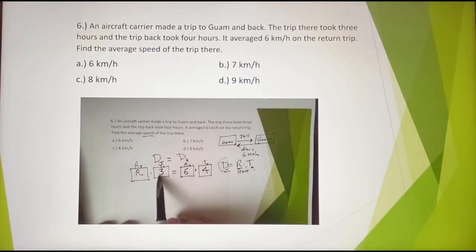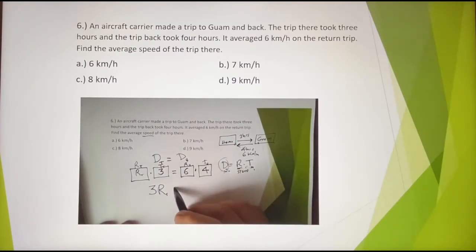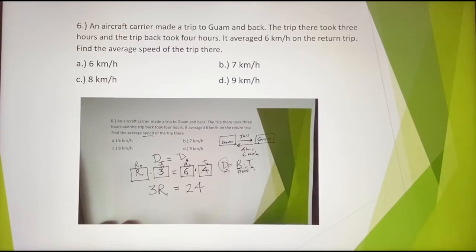Whatever you're solving for is going to give you your answer. So I'm going to multiply this out. 3 times R is going to be 3R, and I can use the little subscript t just so I can remember that what we're dealing with is the rate there, is equal to 6 times 4, of course, which is 24. I want to get the R sub t by itself, so I'm going to divide both sides by 3.